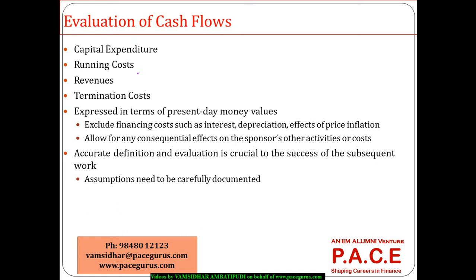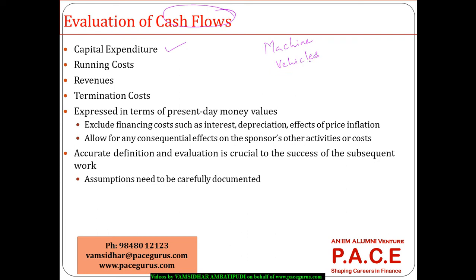So whenever we are looking at the actual appraisal process, we talk about evaluation of the cash flows. The major components of the cash flows: is there any capital expenditure? When I say capital expenditure, yes, purchase of machines or probably purchase of vehicles, one-time heavy purchases.